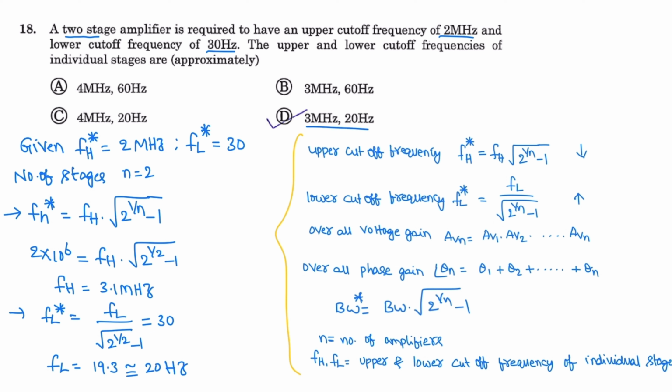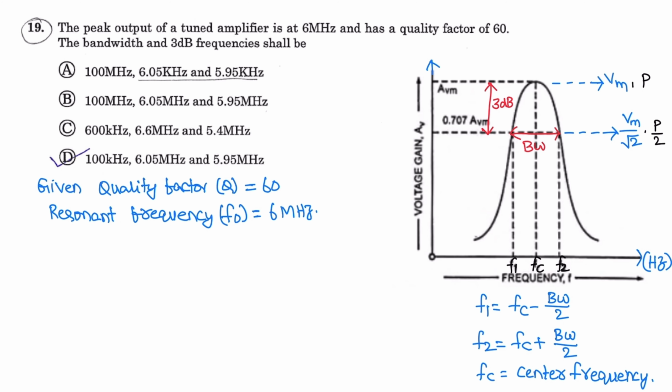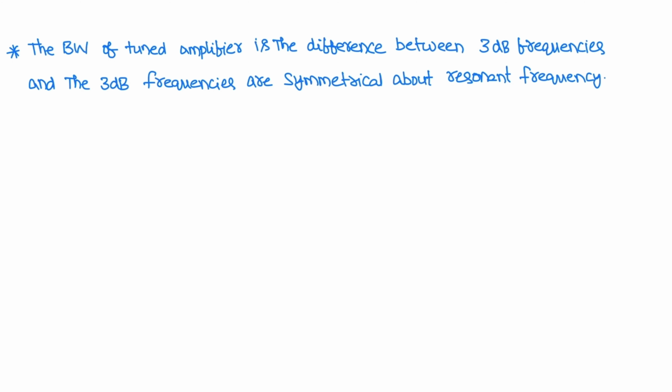Next question. The peak output of a tuned amplifier at 6 megahertz has a quality factor of 60. What will be the bandwidth and 3 dB frequencies? The bandwidth of a tuned amplifier is the difference between the 3 dB frequencies, and these 3 dB frequencies are symmetrical about the resonant frequency.